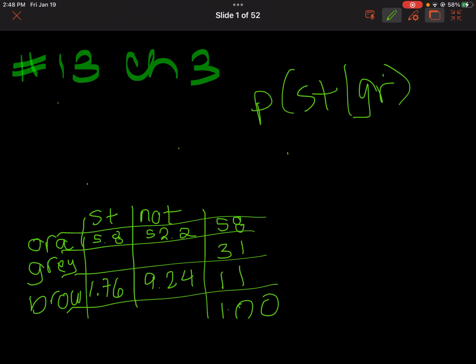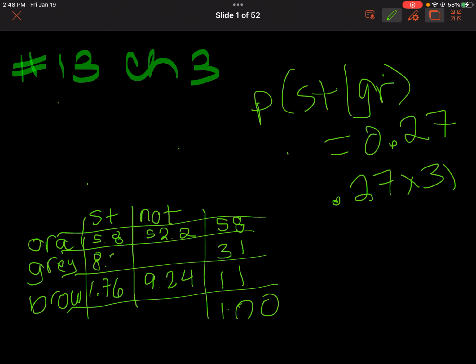So the probability of stripes, if we know that it's gray, is 0.27, which means 27% of my 31 gray cats have stripes. So 0.27 times 31 gives me 8.37 of them have stripes. And if there's 31 total, that means that 22.63 of them do not.